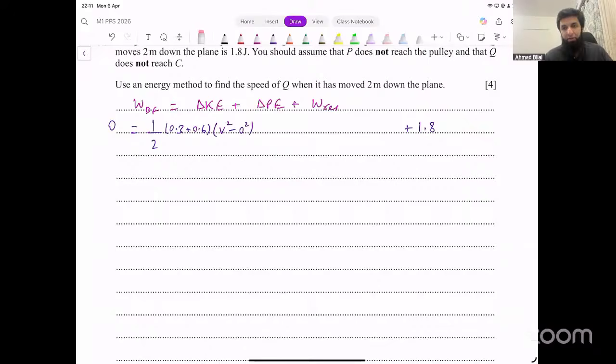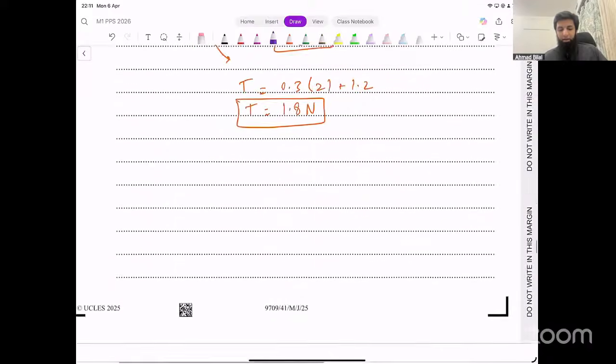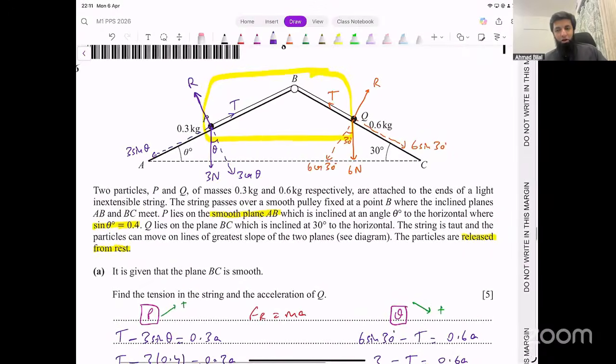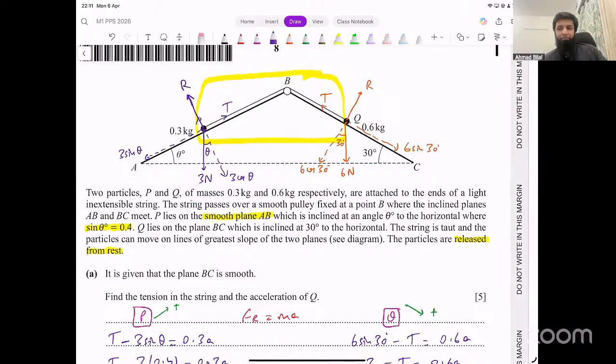Okay, we'll talk about the height. Kinetic energy part is done, right? Okay, let's talk about change in potential energy. For change in potential energy, we need the change in height, right? We have their masses, we have their g, that is 10. What about the height? The change in height for both of them is not going to be the same.